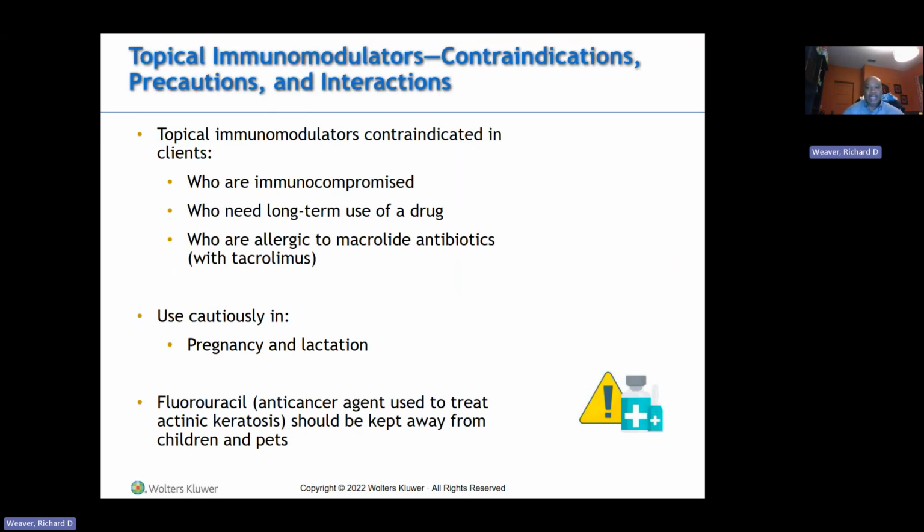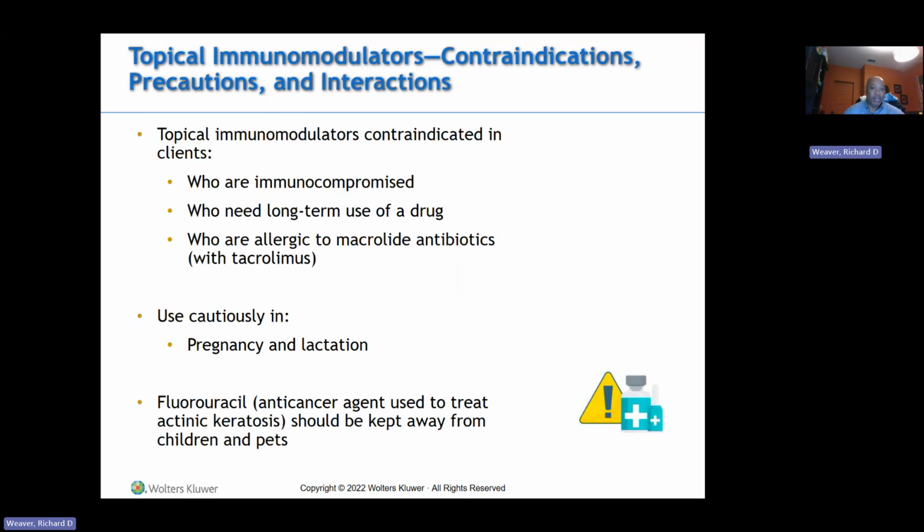Now, long-term use is contraindicated because of risk of a skin malignancy. Remember, you're reducing or weakening the immune system, and remember the immune system, as I said in class today, destroys cancer cells.